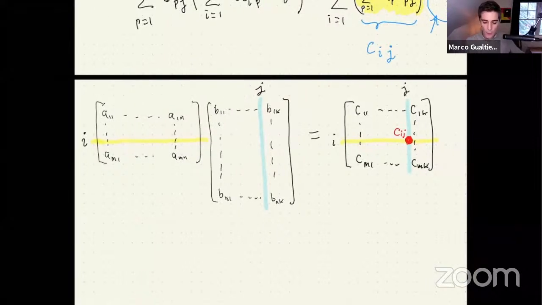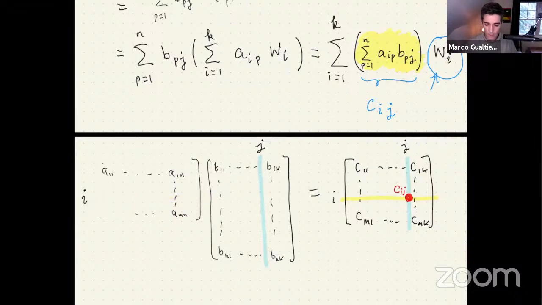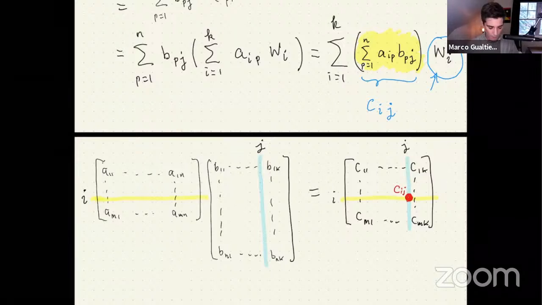So in order to determine the Cij entry of the result, you need to look at the ith row of A, the jth column of B, and do their dot product. Essentially, this element times this element plus this element times this element, and you go down like that.